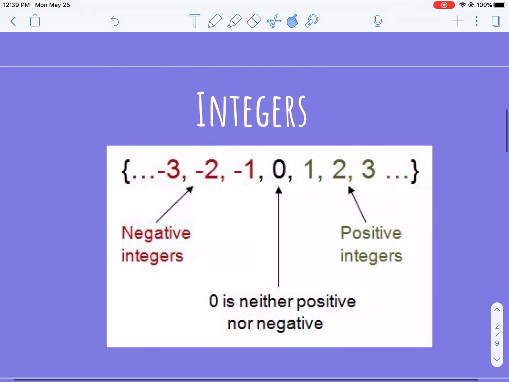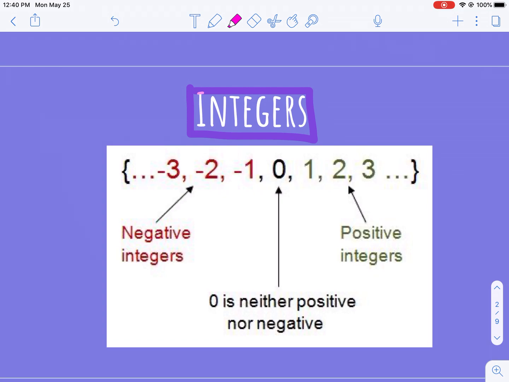The next category that we have are what we call integers, okay? And you had a little exposure to integers last week when you were working with the coordinate plane, because when we were working outside of the first quadrant, we were working with negative coordinates. So integers are our positive whole numbers and 0, so they include our natural numbers and our whole numbers.